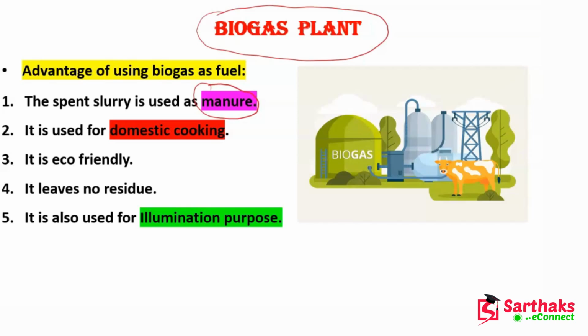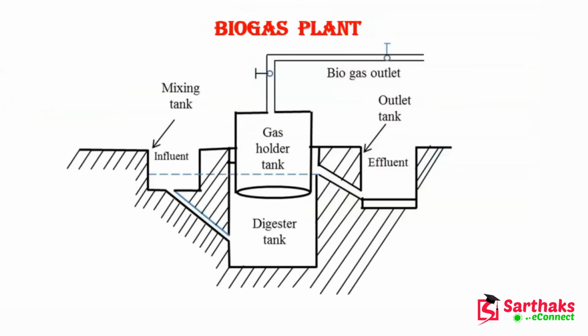Okay, so let's talk about the advantages. The first advantage is that the spent slurry is used as manure. Let me tell you what slurry is. Let me take you to this slide. Here you can see the structure of a biogas plant. This is basically the input.